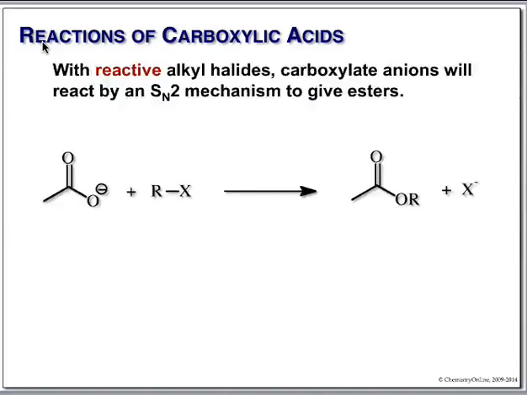We need a very unhindered or activated alkyl group, so methyl works fine. Benzyl works better, allyl works fine, etc. Something you can do a good SN2 on. And basically the carboxylate anion simply attacks and you make the ester. Very simple SN2 chemistry.